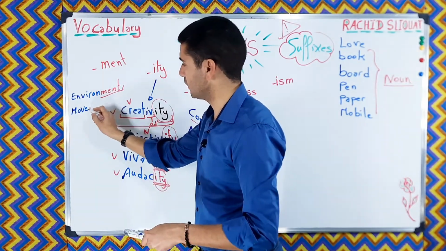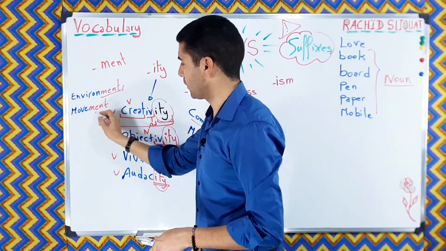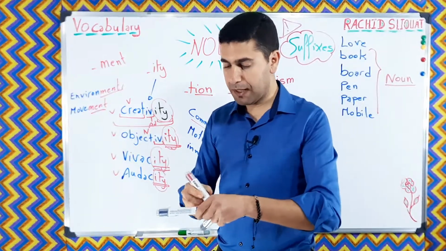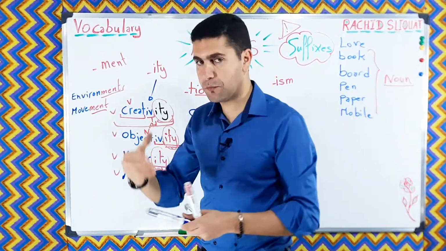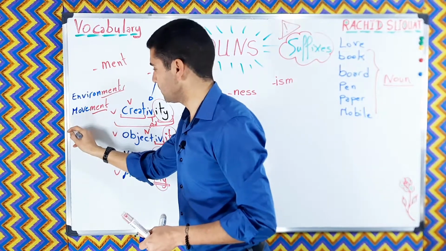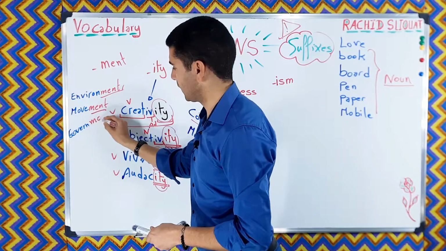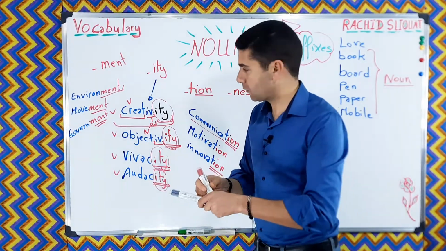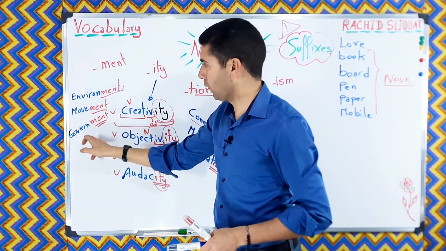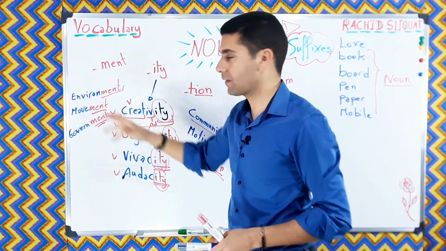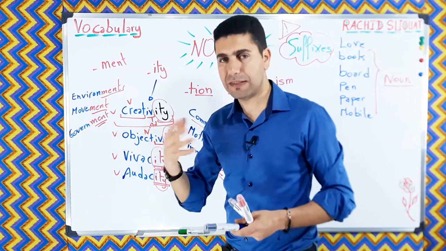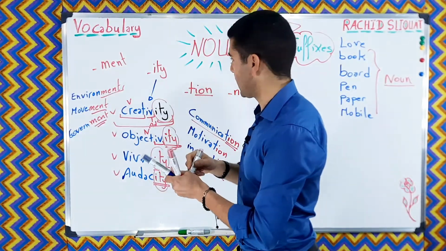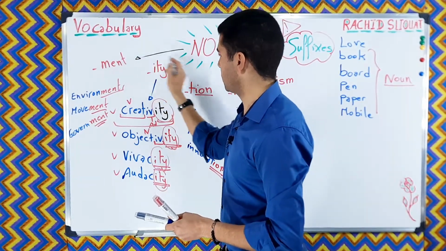We can find it in another verb, govern, government. So we can say the Moroccan government. These are examples of nouns with the suffix ment, another suffix to make nouns.